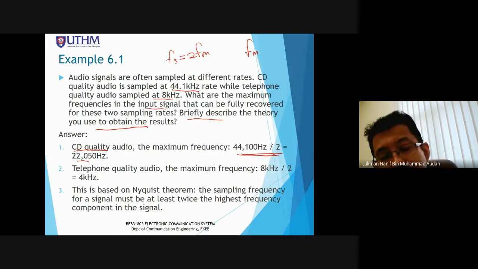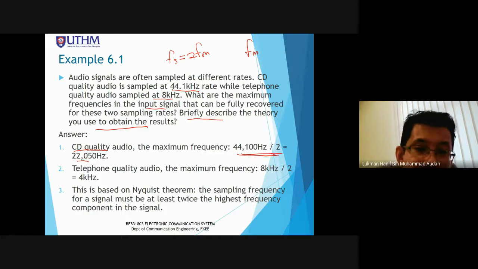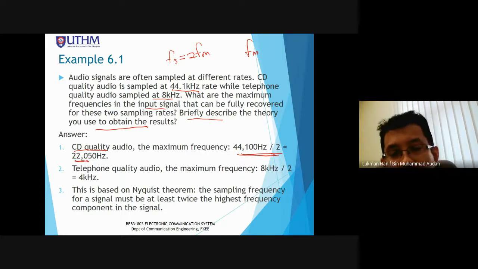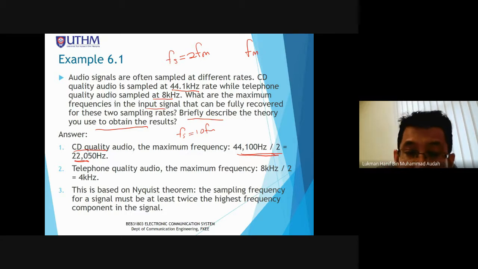Okay, so this is the, atau kita panggil maximum frequency input. Ini sebenarnya adalah maximum FM sebenarnya. Okay, sebab kalau kita sample, for example, Fs equal to 10 FM, bermakna saya perlu bahagikan Fs dengan 10.